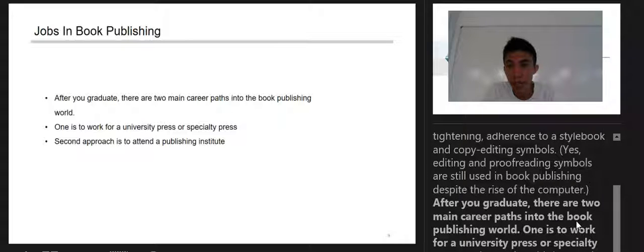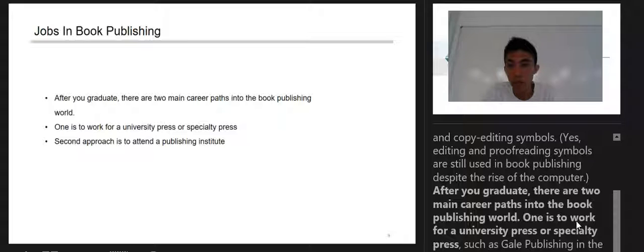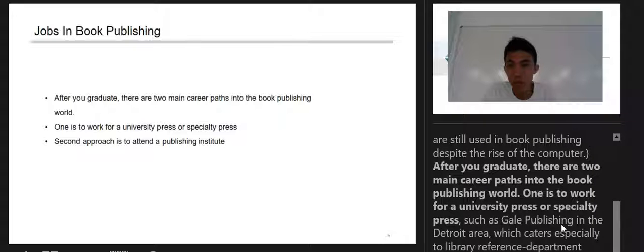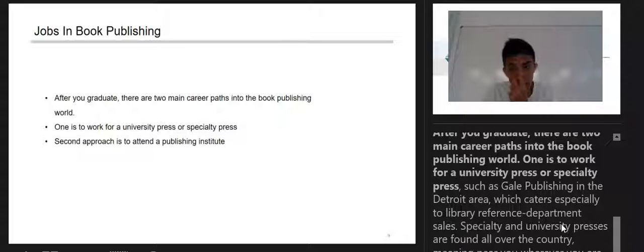After you graduate, there are two main ways for you to do book publishing work. One is to work for a university press or special press. The second one is to go to a press to attend a publishing institute.